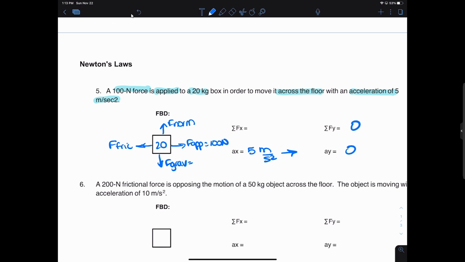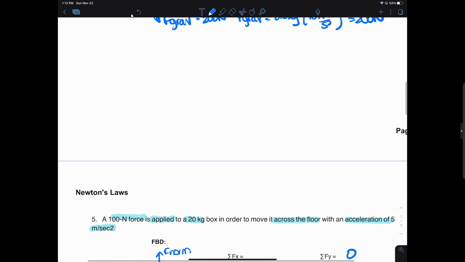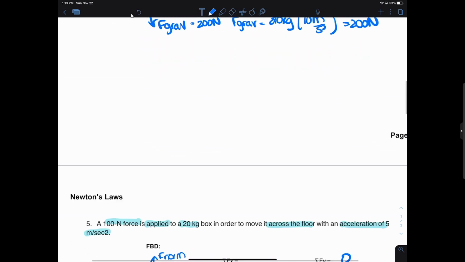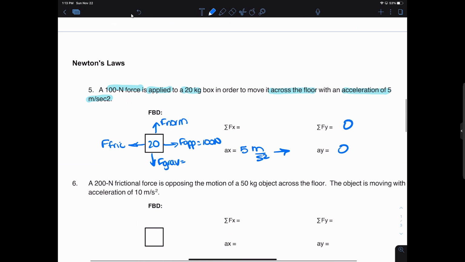Balanced forces in the y direction. F gravity, we calculated for a 20 kilogram in the last one, so we can say 200 newtons, and it's balanced. And here we need to solve for the net force. So F net equals mass times acceleration, which equals 20 times 5, which equals 100 newtons.